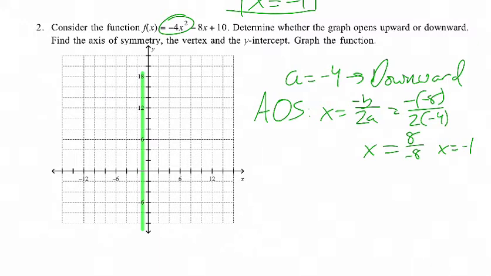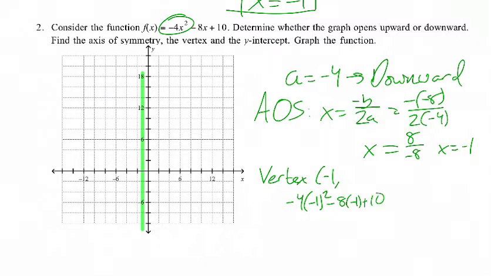Now to find the vertex, we need to plug that value of x back in. We already know our value of x is negative 1. Now what we're going to do is plug that back in. So we have negative 4 times negative 1 squared minus 8 times negative 1 plus 10.